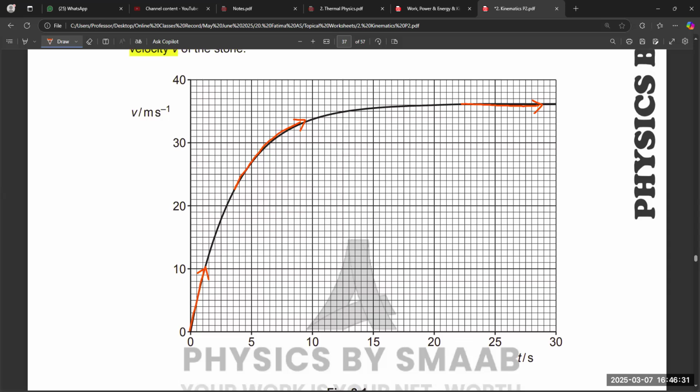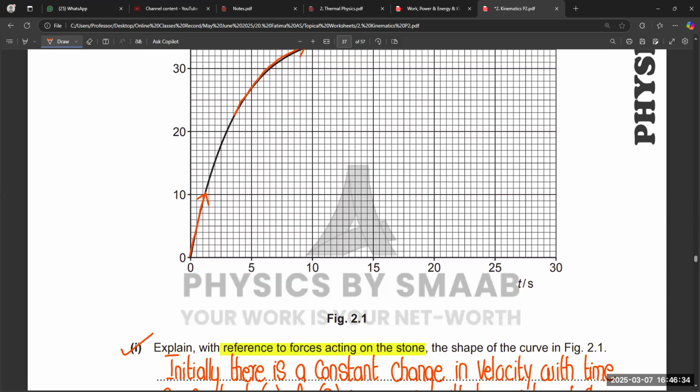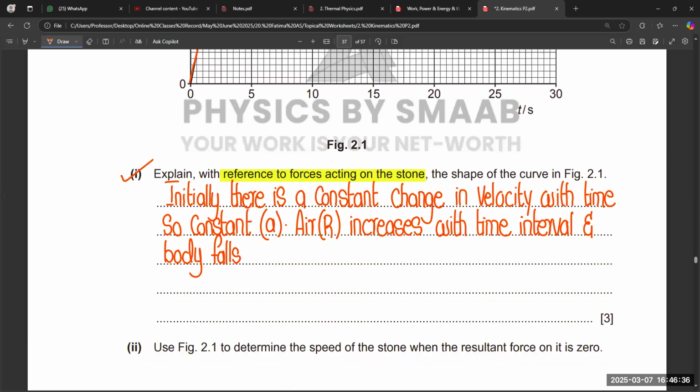So this is the same idea, just like O levels IGCSE. So this is the same concept. There is nothing new in this question.